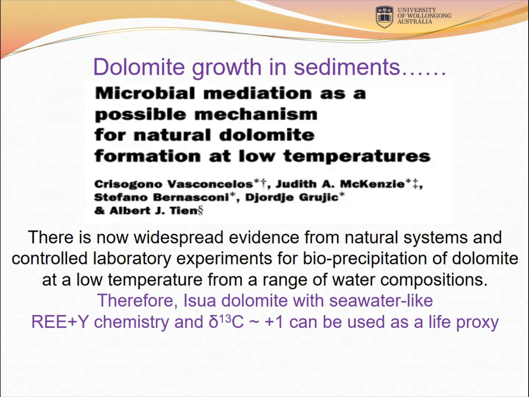It's been seen in the waters in deep boreholes, and it's of course been seen in experimental situations in the lab. Therefore, just simply finding this dolomite with seawater-like trace element chemistry and also the carbon isotope signature, the very presence of this dolomite can be used as a life proxy.